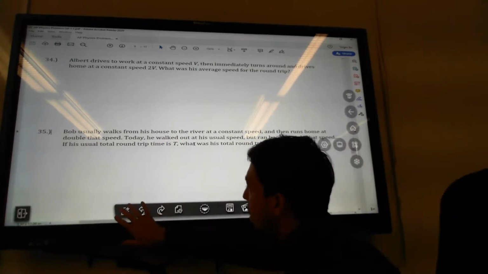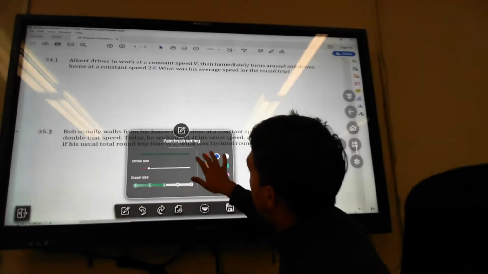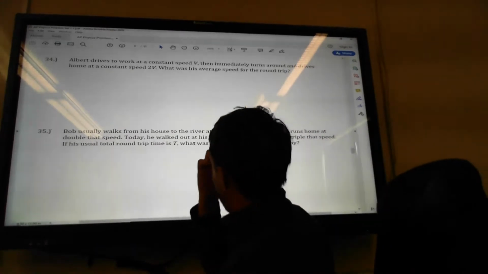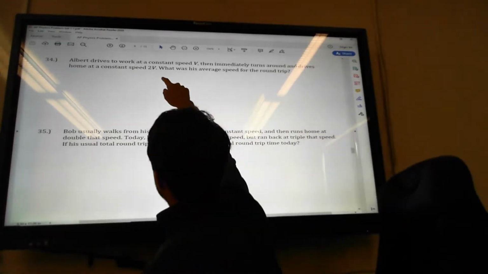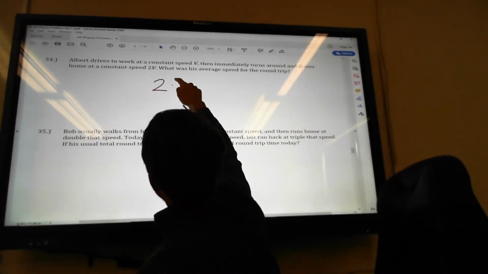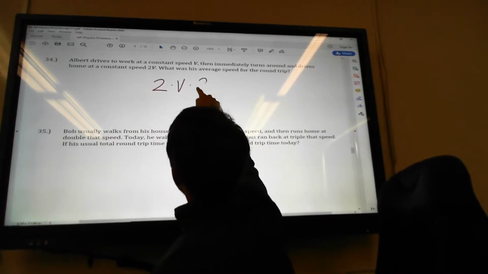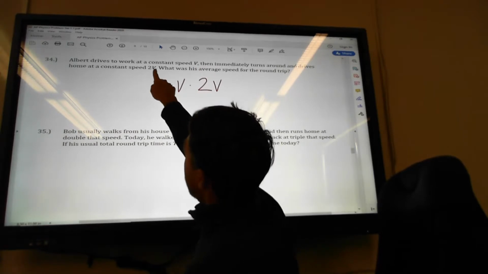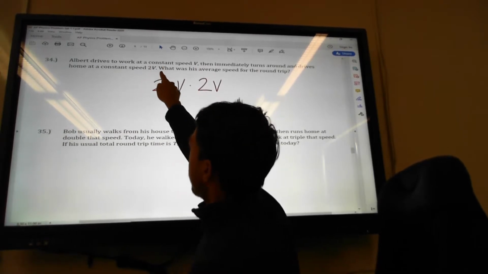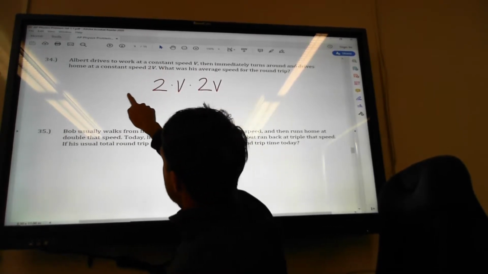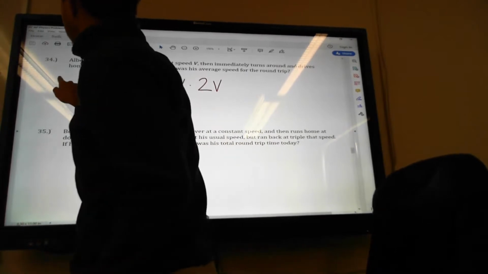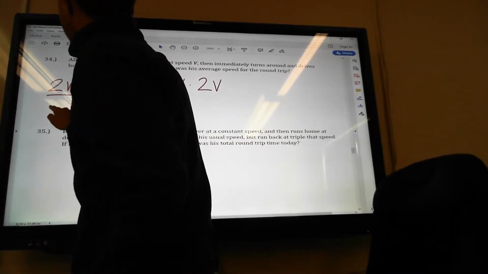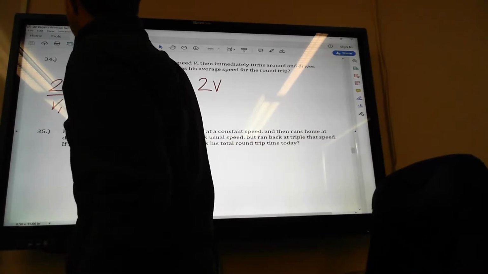So the formula we derived, did you use the second one where it was 2 times v1 times v2? In this case, our V1 is this capital V, and our V2 is this 2 capital V. If you recall from the other day, the formula we wrote was 2 V1 V2 over V1 plus V2.